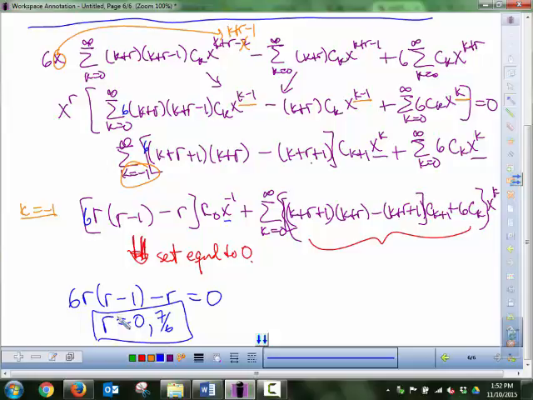Now, it still looks a little bit complicated, right? But the idea is that we're still wanting to solve for this thing. So I can solve for this relationship here, where c sub k plus 1 is equal to -6 c sub k divided by this big mess over here. So I'm going to rewrite everything over.